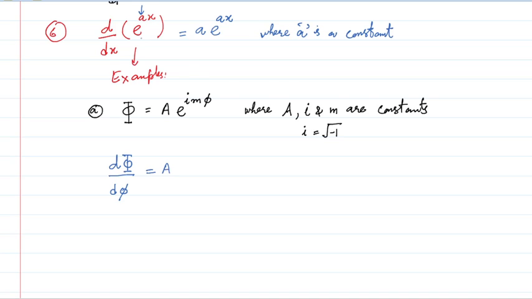Here it is given that iota is constant, m is constant, a is already a constant, we have written this outside, so it will be a. Compare this to this formula. So what we will write? We will write first iota m, then e raised power iota, not I, but iota m phi.